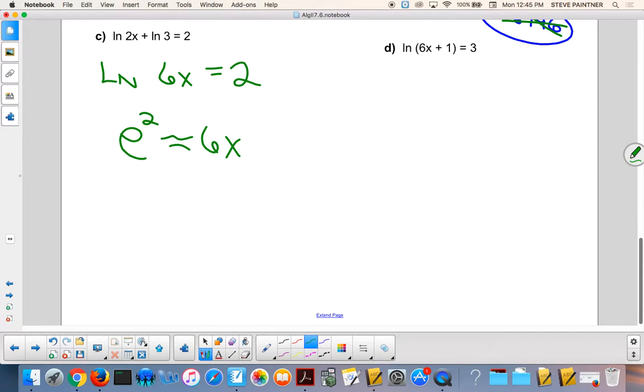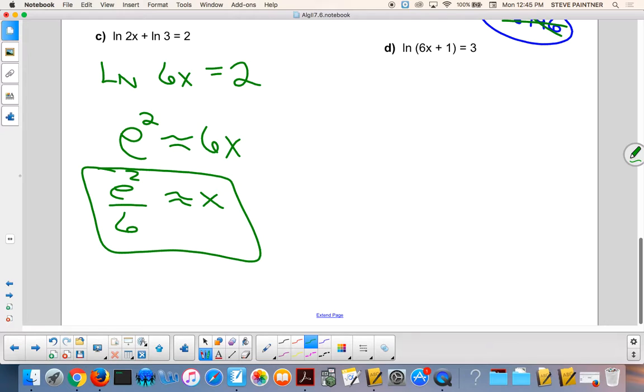Divide by 6. X is e squared over what? 6. 1.23. Here's the deal though. That's not an approximation. That should be equals, right? What's the approximate answer? 1.232. Okay. Approximately 1.232.